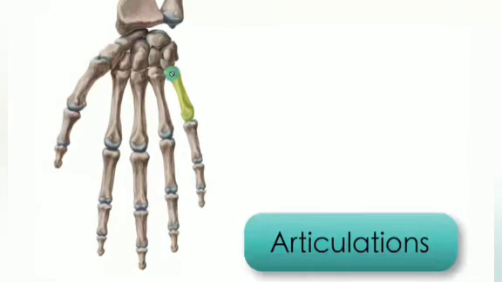Also on the proximal side, on the lateral portion of the base of the fifth metacarpal, there is an articulation with the fourth metacarpal. Going to the distal portion, the head articulates with the corresponding fifth proximal phalanx.